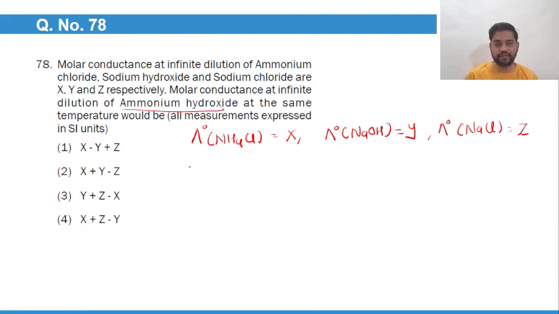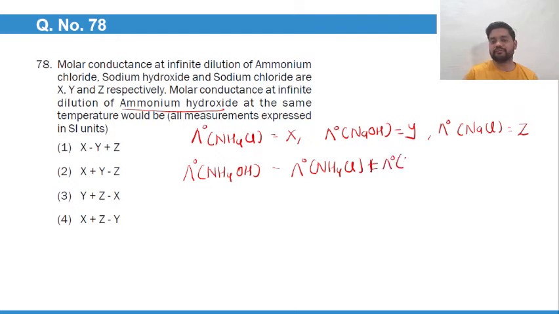So we can say that molar conductance of ammonium hydroxide will be equal to molar conductance of NH4Cl, because that I wanted, I cannot cancel it out, so Cl, plus I want OH, so OH I'll be getting from this thing, and then I have to subtract this by Na and Cl.